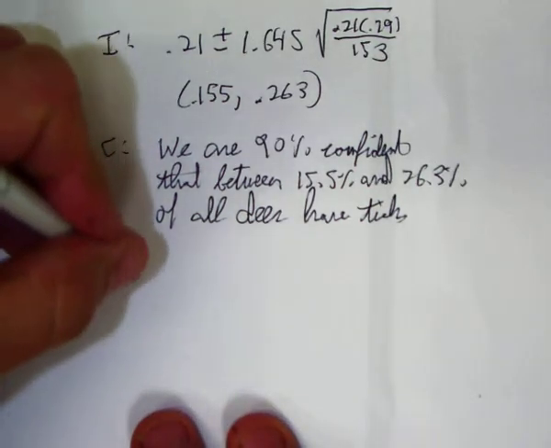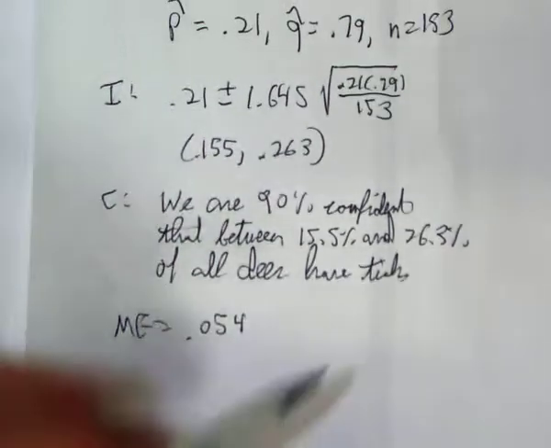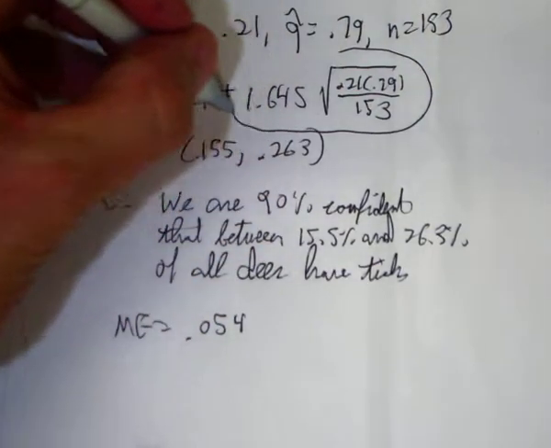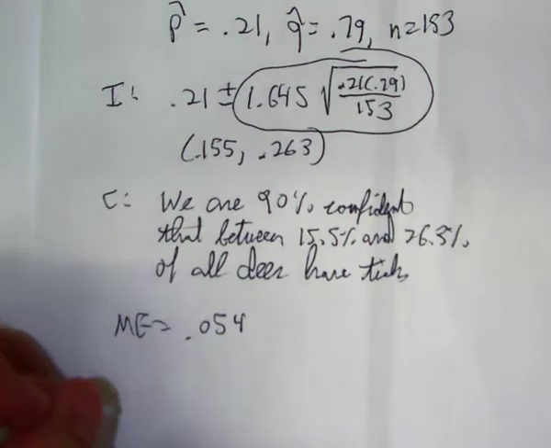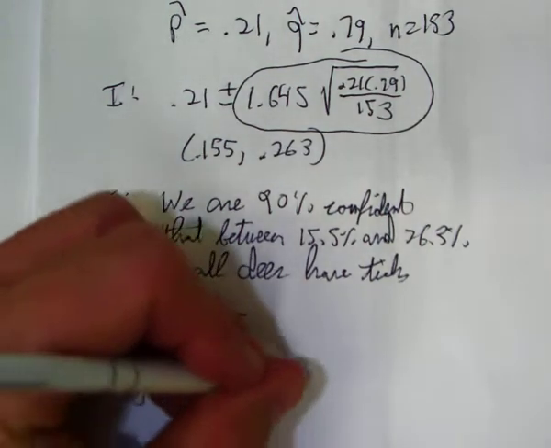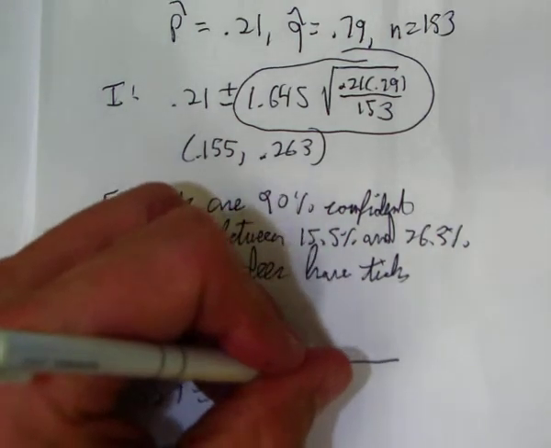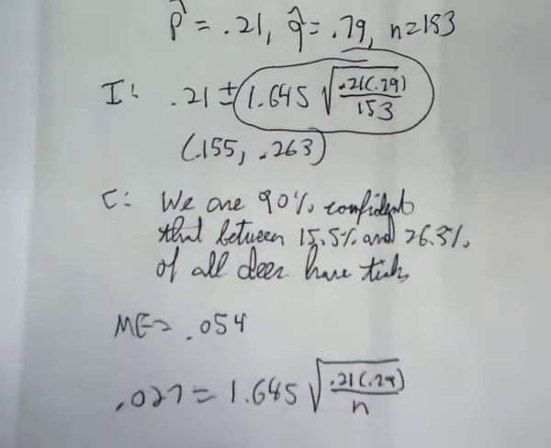So the margin of error here is 0.054. And I got that from just using this right here. Well, if I cut that in half, I get 0.027. So I could do 0.027 equals 1.645 times the square root of 0.21 times 0.79 over n.